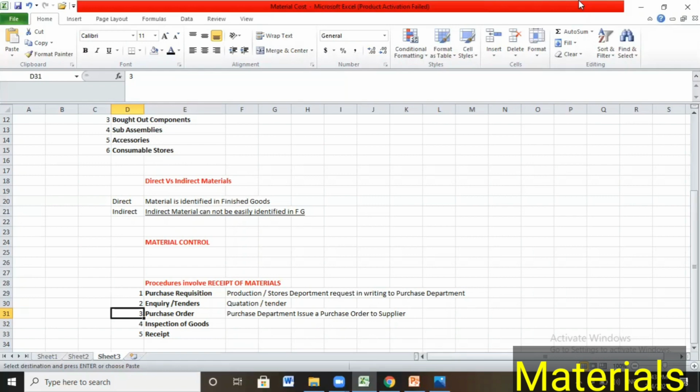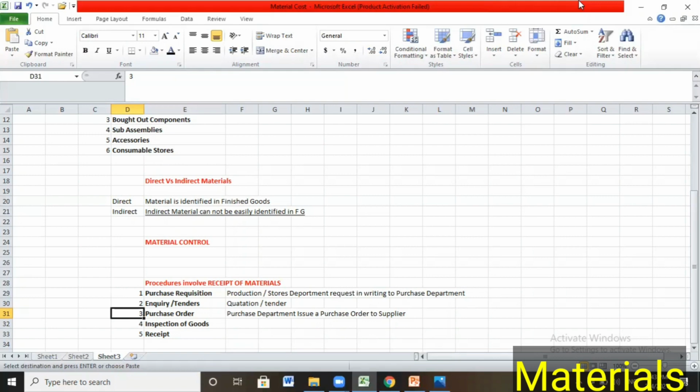Therefore, the format of purchase order should be carefully devised. It should give all the required details in a clear manner. It should have the name of item, description, code, unit, quantity, price, and amount with the terms and conditions of delivery, packing, payment, and jurisdiction. Okay, so these are the procedures, and the last procedure is receipt.